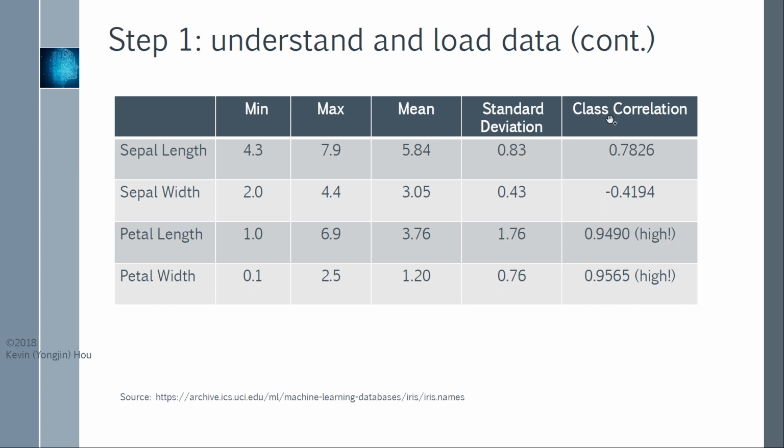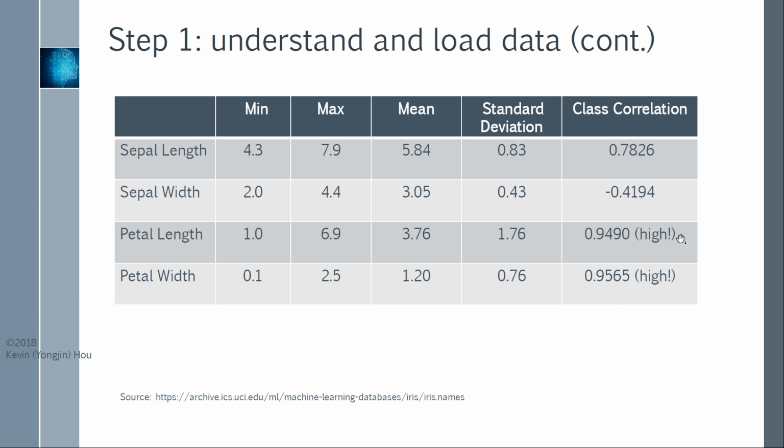And lastly, we have a class correlation. The class correlation just measures one particular x variable in correlation to the y variable. If you see something really high for the class correlation, it just means that for that particular variable, for instance, petal length, here there's a class correlation of 0.949.